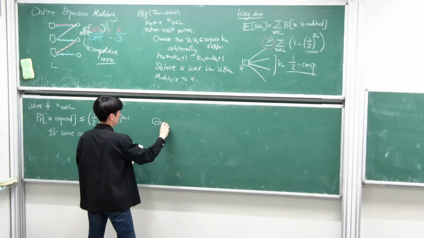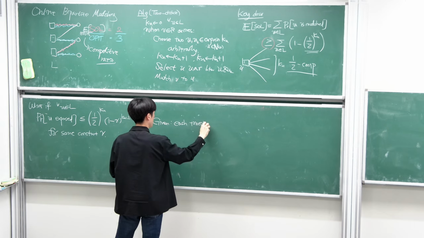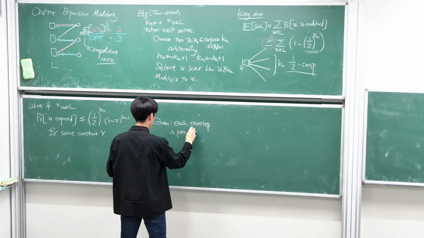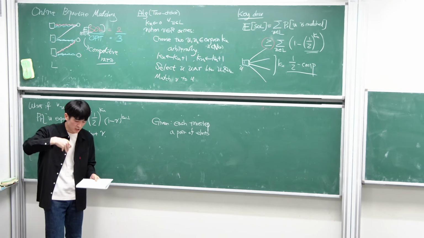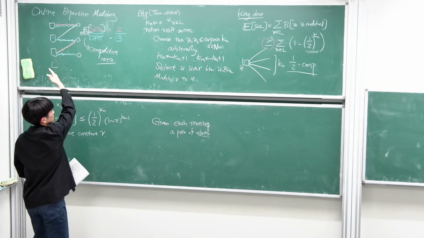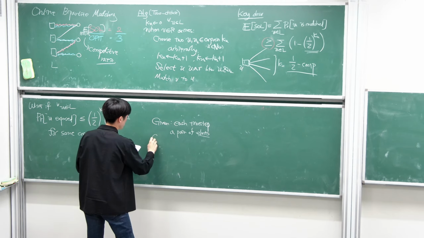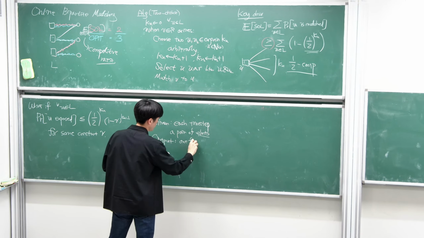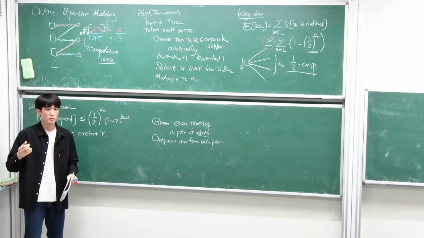So at each time step, we are given a pair of elements. Here the elements correspond to the offline vertices. We take some pair of elements, and what we have to do is output one.